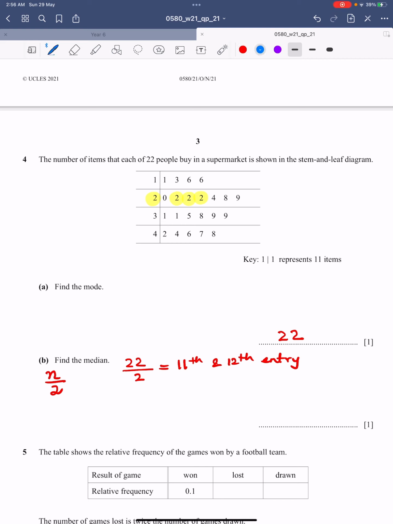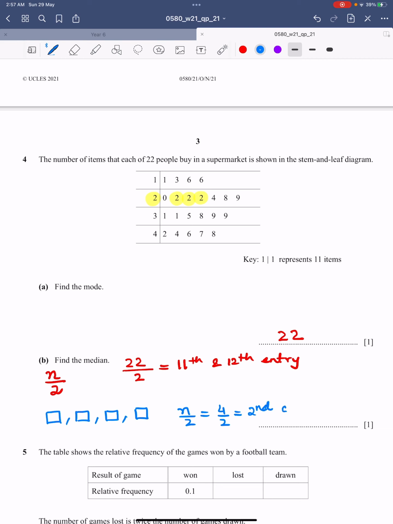Now just a very quick explanation on why we take two entries as our median. Let us look at an example of four entries. So for example, we have four entries and 4 is an even number. If we want to find the central value, using the formula n divided by 2, it's going to be 4 divided by 2, and the answer is the second entry.